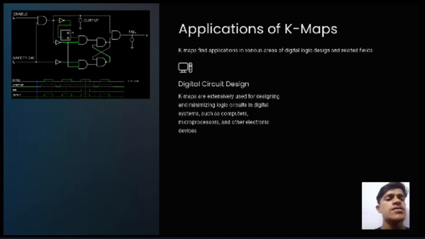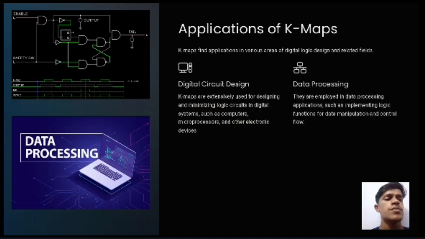First, digital circuit design. K-maps are extensively used for designing and minimizing logic circuits in digital systems such as computers, microprocessors, and other electronic devices. Second, data processing.